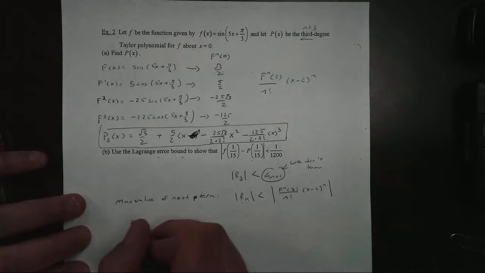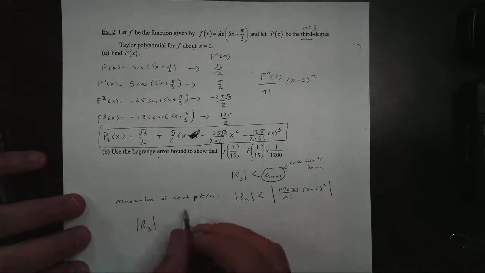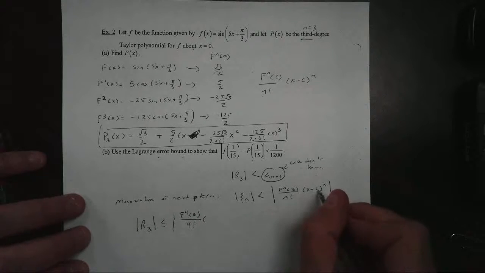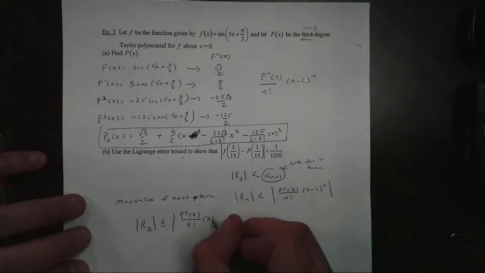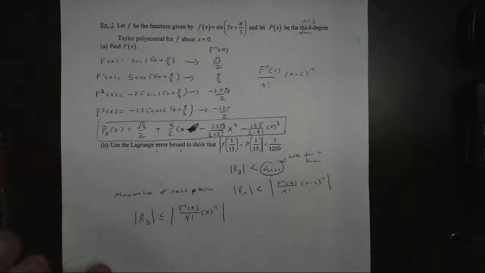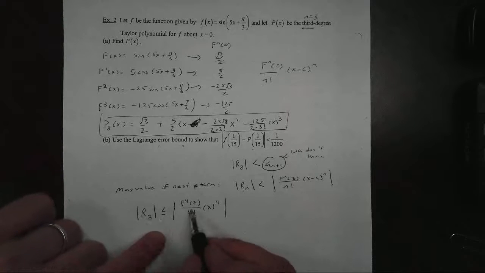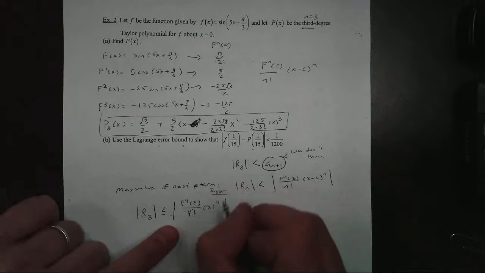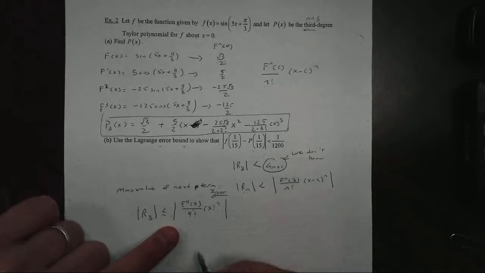For us, we're looking for the remainder of the third term. It has to be less than the value of the fourth derivative over 4 factorial. And again, c for us is 0, so this is just x to the fourth. So this is how we can get our remainder. It has to be less than the value of the next term from Taylor itself.